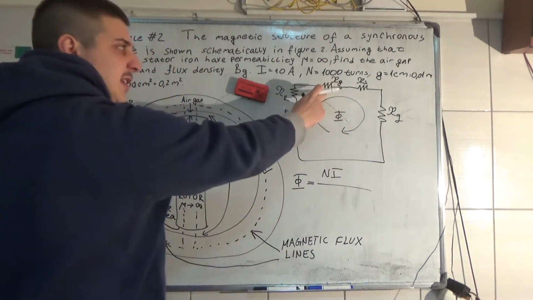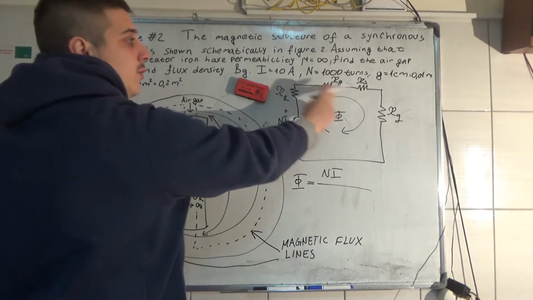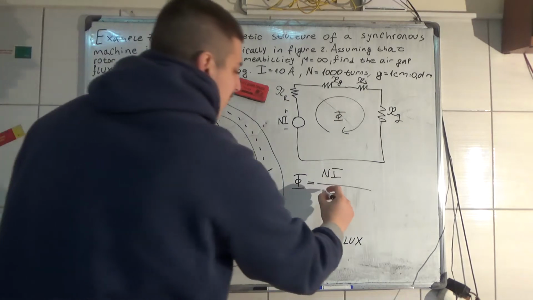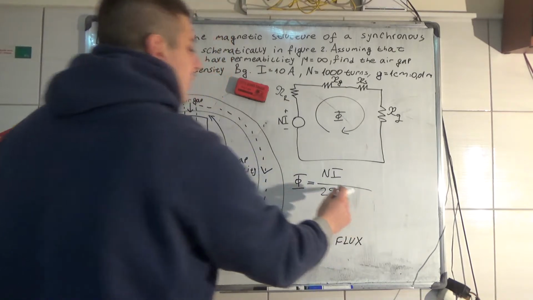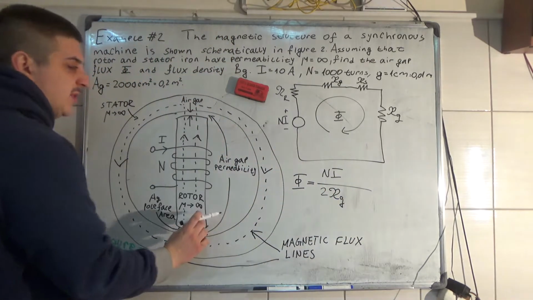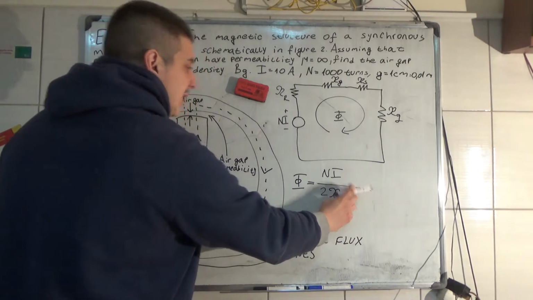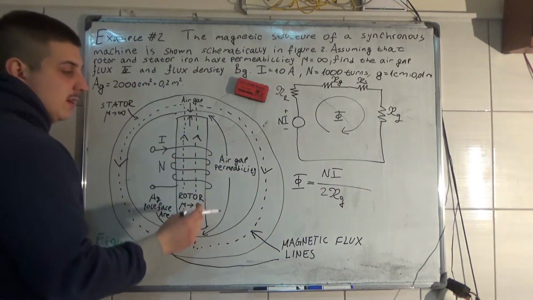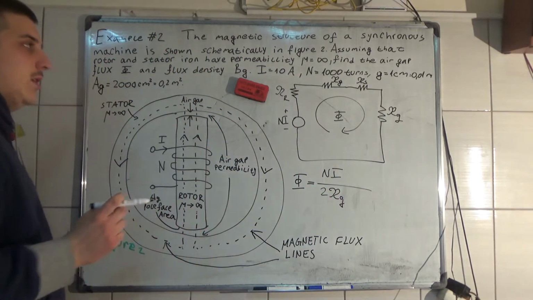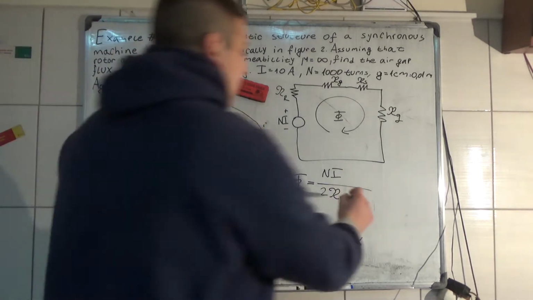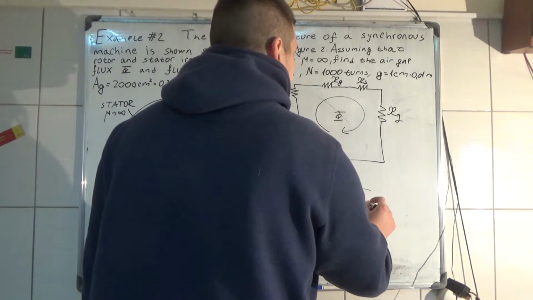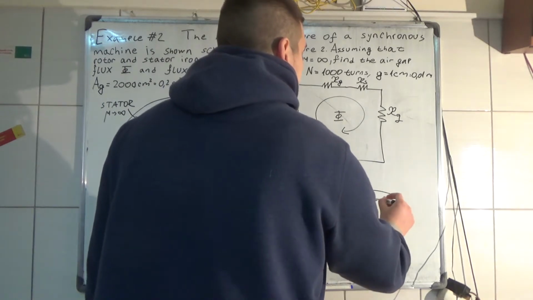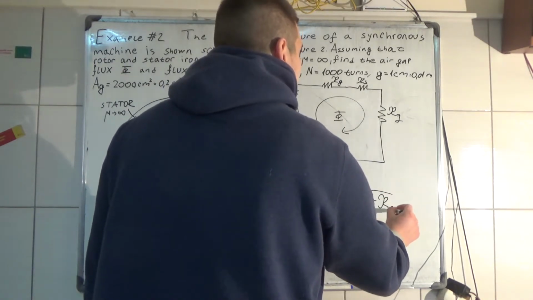Now we have in series two air gaps, so I'm going to write 2 R_G, the reluctance of one air gap multiplied by 2, plus the reluctance of the rotor and plus the reluctance of the stator.